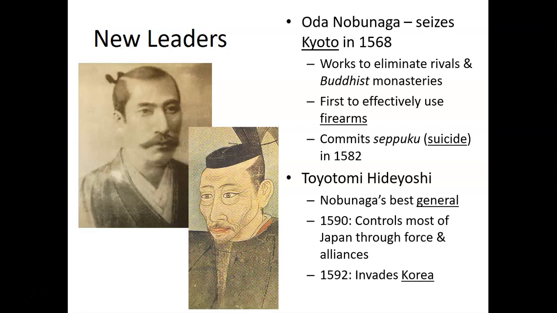After Nobunaga commits seppuku, Hideyoshi is going to gain some control in Japan. And he gains control through diplomacy and through force. He's not just a one-trick pony just using the military to back him. He does use political ways to gain control.